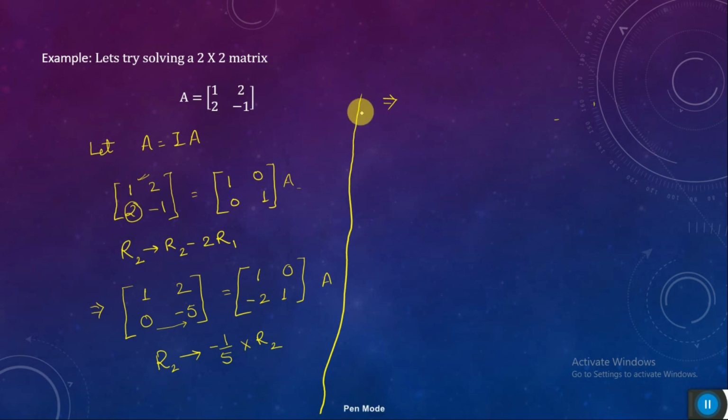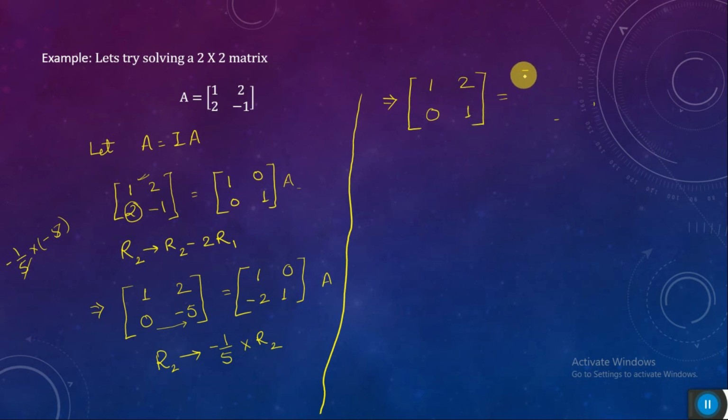Row 1 is unaffected as it is 1, 2, but in row 2 I need to multiply. So minus 1 by 5 into 0 will remain 0, but here minus 1 by 5 into minus 5, the 5 cancels, minus minus is plus, so I will get a plus sign. Clear?